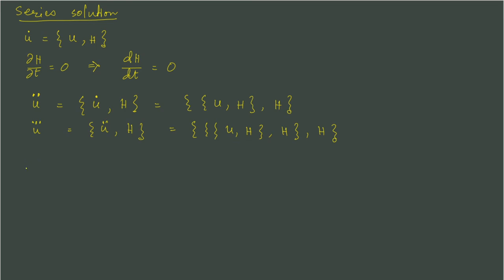Now, in general, you can write U as a function of T using the Taylor series, of course assuming that U0 exists and the derivatives are all nice, which is usually the case.